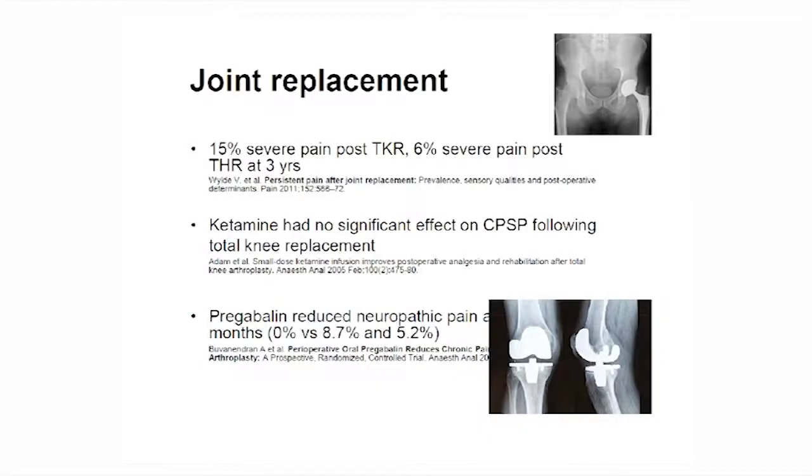Joint replacements, we're doing a lot more of these now. We're going to be seeing a lot more as we get our enhanced recovery pathways up to speed in orthopaedics. So there's a chap in Chicago at the Rush Hospital. His data suggested that up to 15% of patients have persistent pain after a routine knee replacement, and this is one that's gone well.